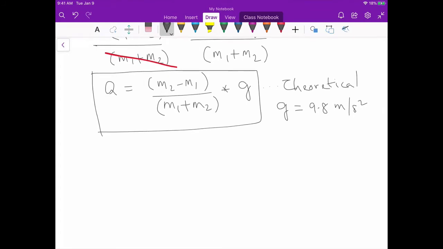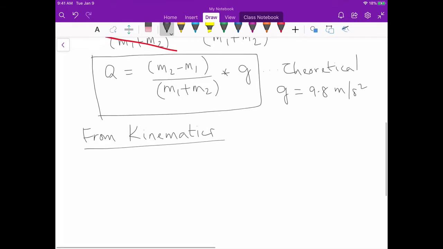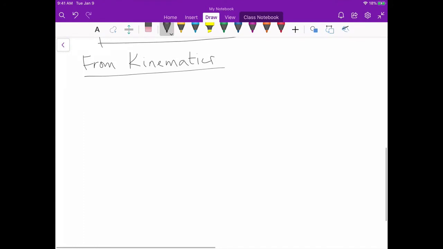From kinematics, you can measure the height dropped by mass 2. You have the system like this, with mass 2 like that and mass 1 like this.